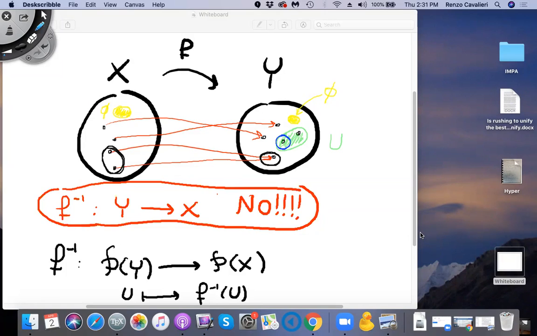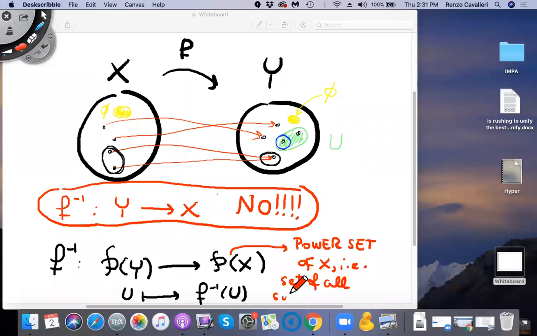So, what symbol is that? The P? Yeah, this one. Let me explain this. The P of X is the symbol that we use for the power set of X, which is defined to be the set of all subsets of X. Okay.